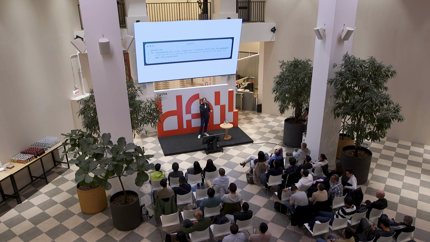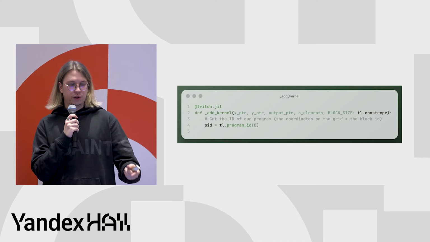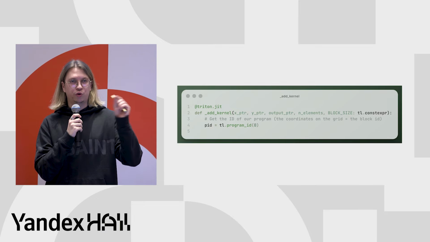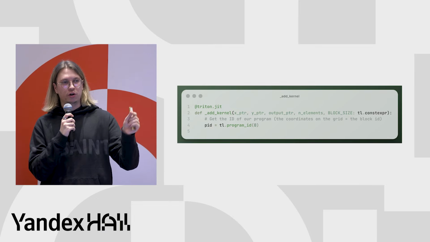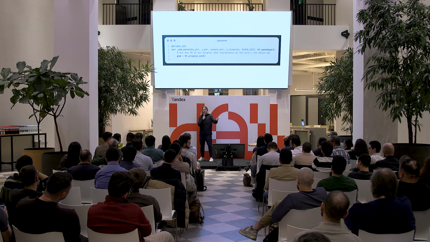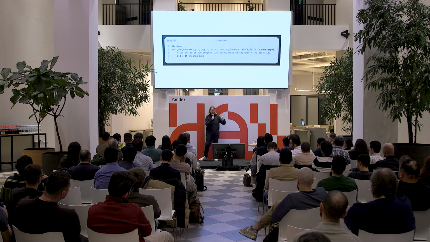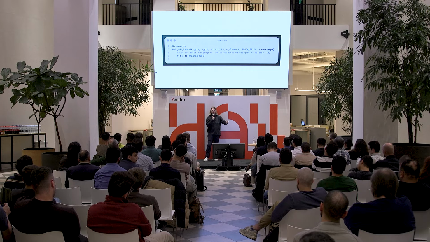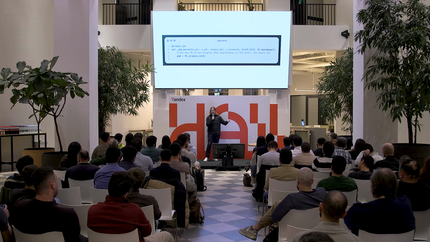And the first thing that we do is we get the identifier of our block. This is just triton.language or tl.program_id, and the axis of our grid. So this would return you a program ID, and you have a lot of programs. Basically, each program is this block that you scheduled. So each program can understand inside which block it is scheduled and access the elements.